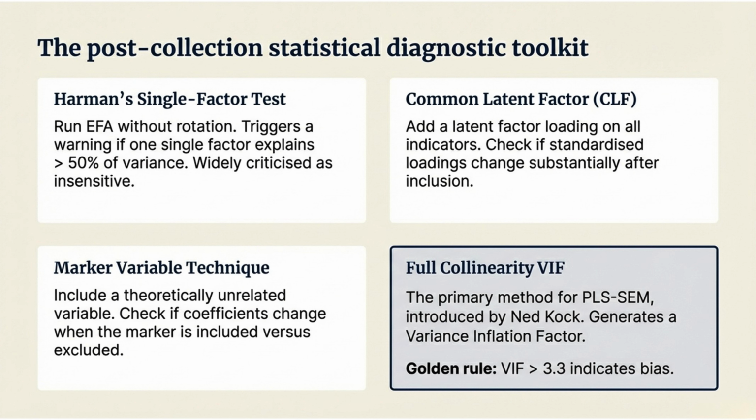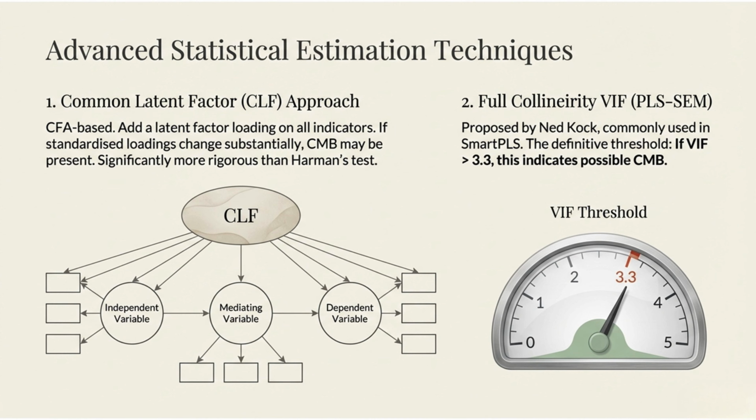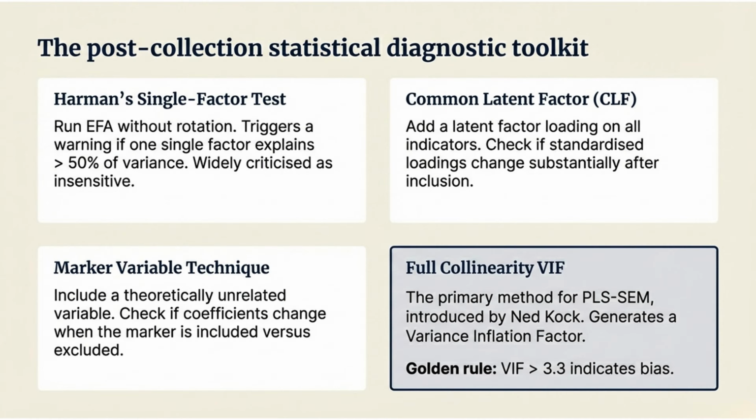Next comes the common latent factor, CLF, approach or CFA approach. Here you add a latent factor loading on all indicators. If the standardized loadings change substantially after including the CLF, then you can find that CMB is present. It is more rigorous than Harman's test. Next comes the marker variable technique, which includes a theoretically unrelated variable in the questionnaire, which we call the marker variable.